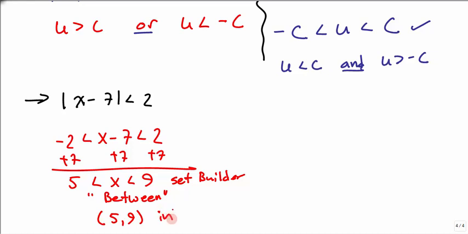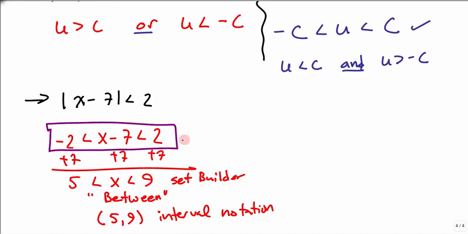So this is interval notation. Now on your homework, sometimes it just asks you to rewrite without the absolute values. So if you rewrite without the absolute values, you would stop here. If they ask you to solve, then you would go further to either set builder or interval notation, depending on what they're asking for. So you kind of have to read the directions carefully.